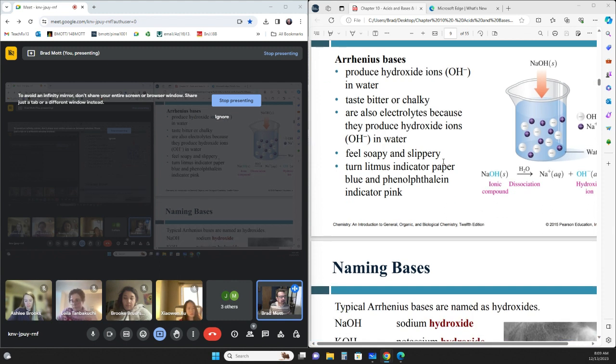They are soapy. The soap that you use every day is slippery primarily because it is a basic solution. And litmus paper turns blue, or stays blue, when it's dipped into a basic solution.